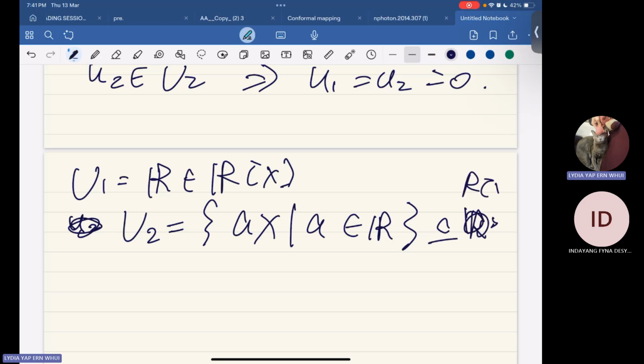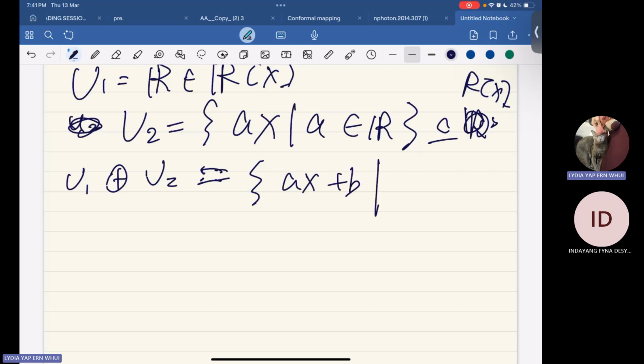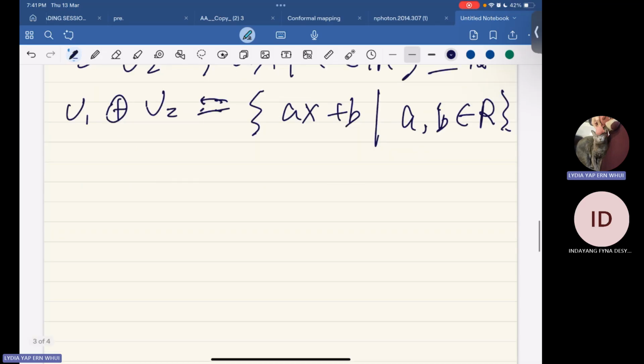Then we can see that by our definition, U1 and U2's direct sum will be aX plus b, right? Where a and b belong to this ring R. And this is the direct sum, and we will define the graded ring with this.